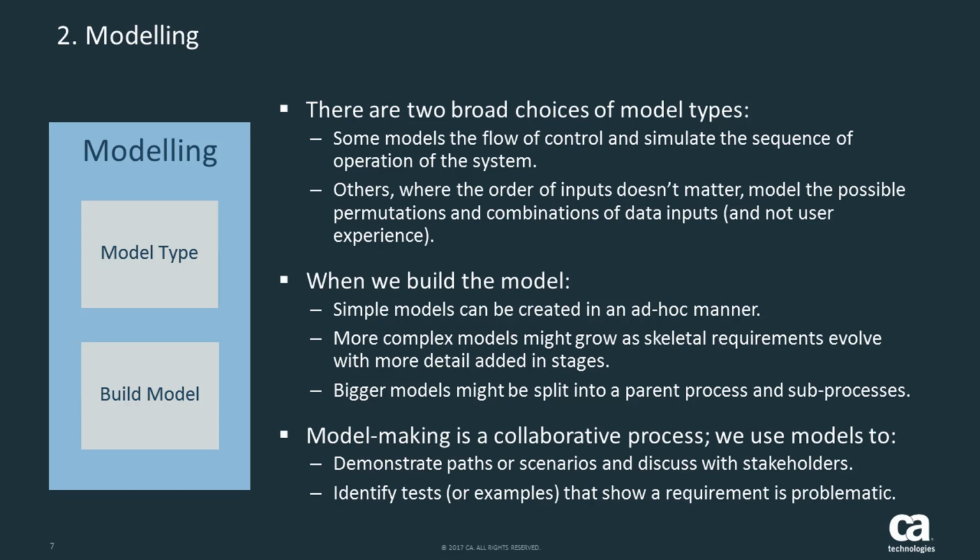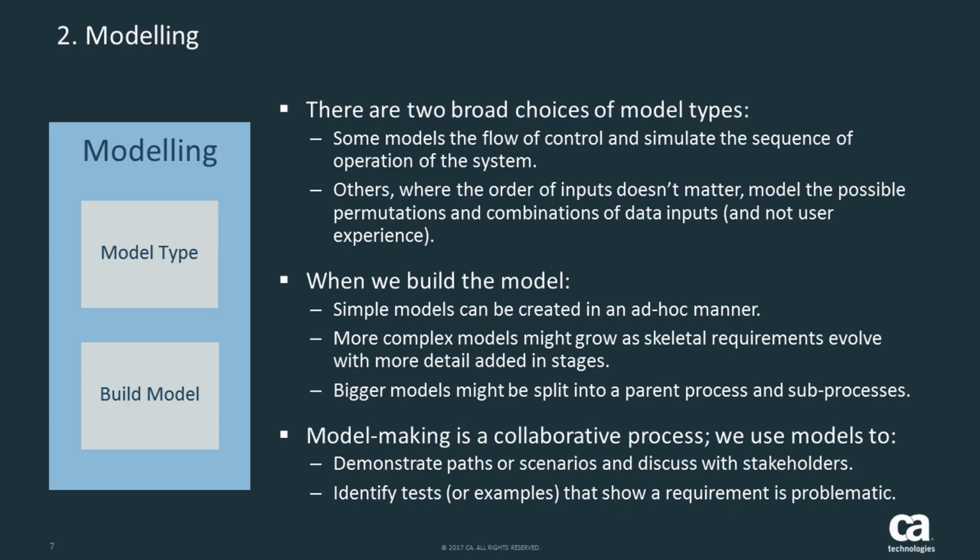Now, when we build a model in an agile project, we might choose to evolve our model over time as a skeletal requirement grows and evolves, with more detail added in stages as features are appended and refinements are added. But it could also be that we're given a very firm set of requirements, and that is the source of knowledge that we have to use to build our models.